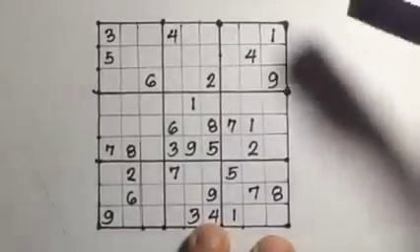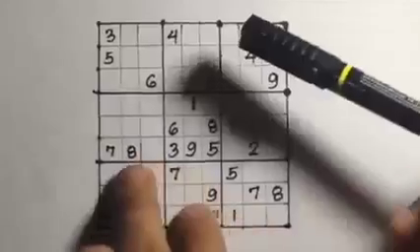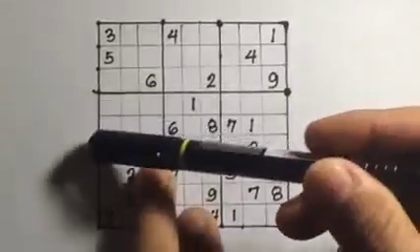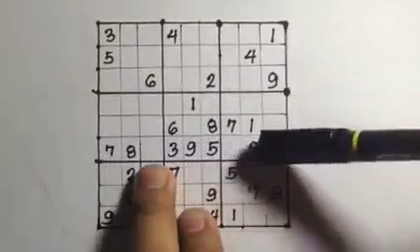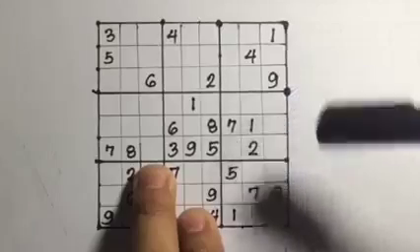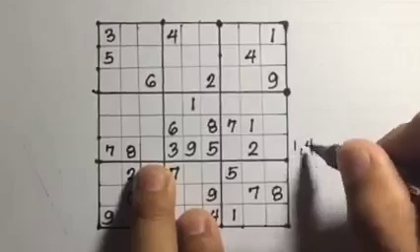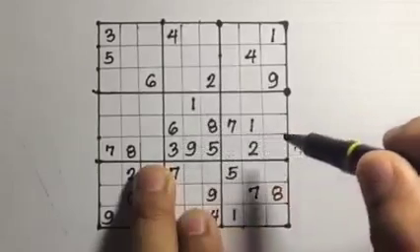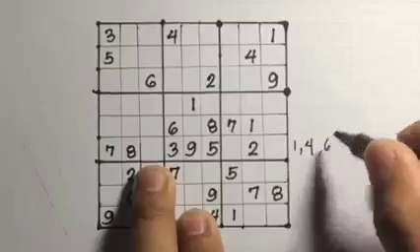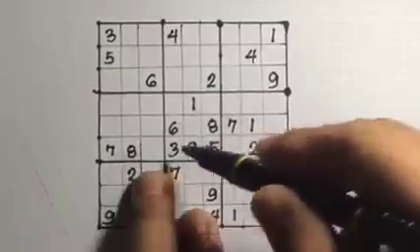Now if we're going to look at this cell here, in this row, you need to fill in numbers 1 to 9. So the missing numbers here are 1, 4, and 6.